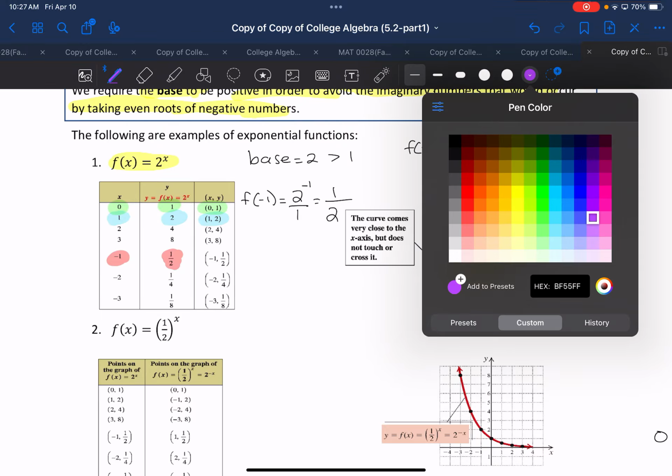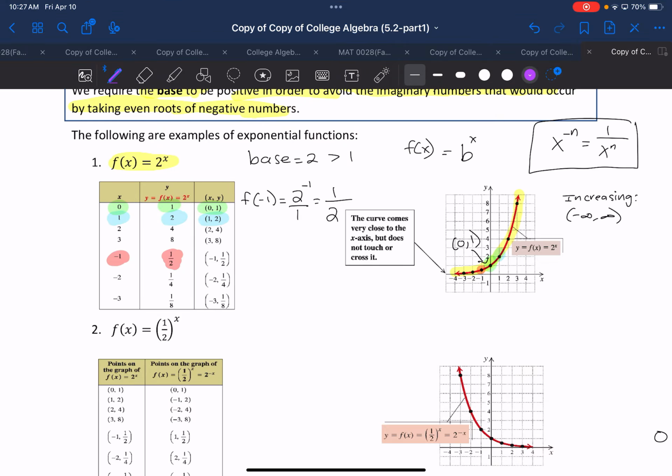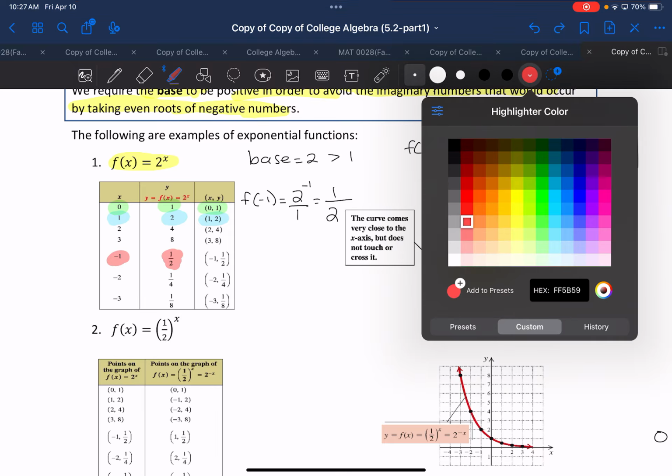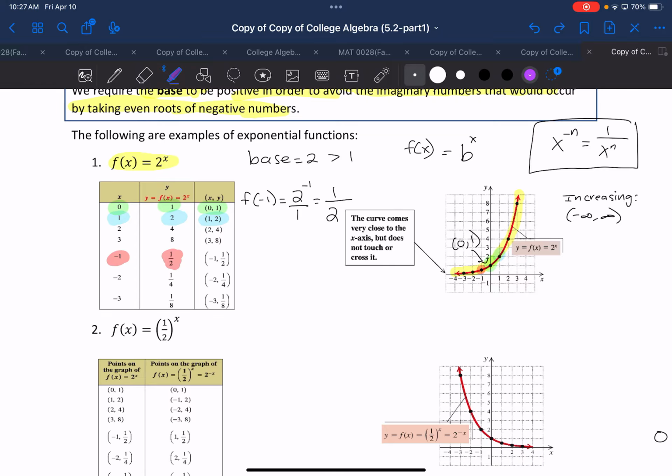Another property of these base graphs, and I keep stressing that because I'm only talking about if it's in this form, if no transformations have occurred yet, is that we will have a horizontal asymptote at y equals 0.